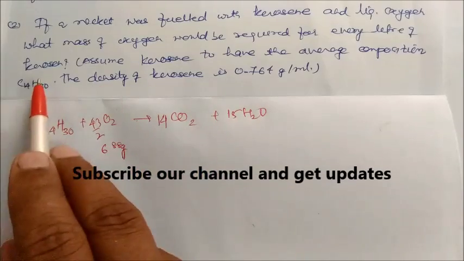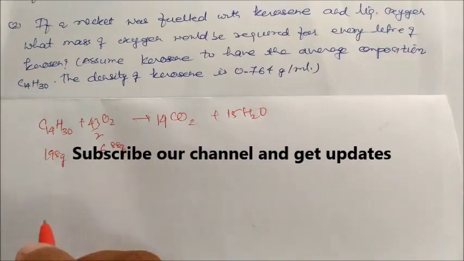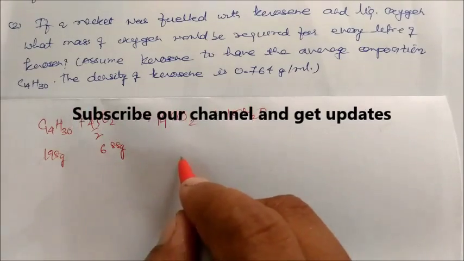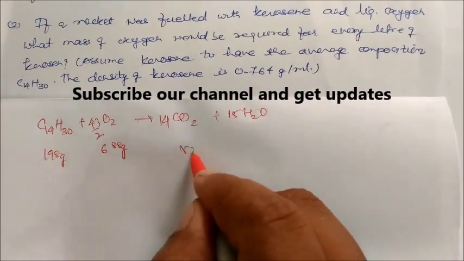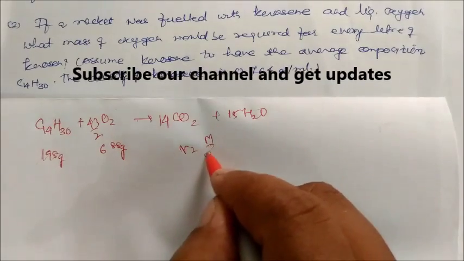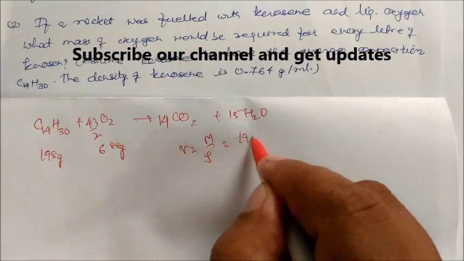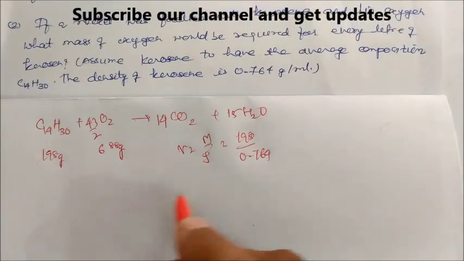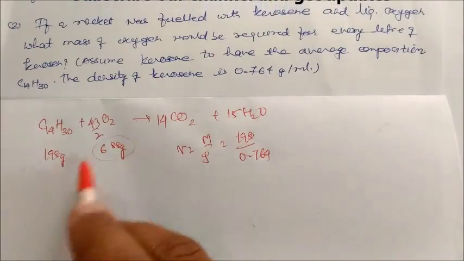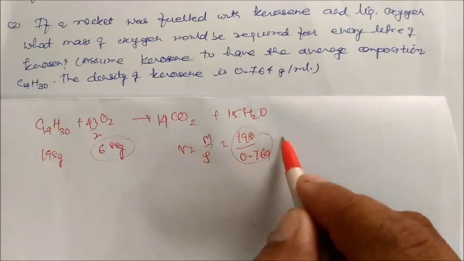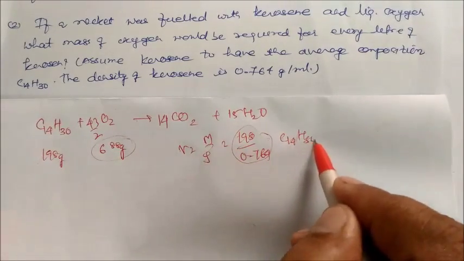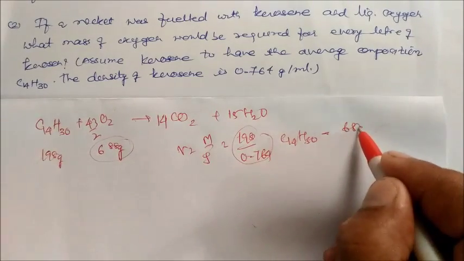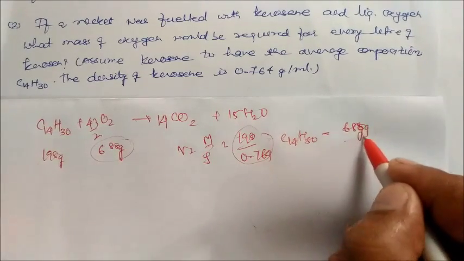Now they are asking, 1 liter of kerosene will require how many gram of oxygen? So first you convert this kerosene into volume. Volume is equal to mass by density of kerosene. Mass is given 198 and kerosene density is given 0.764. So this is the total volume of C14H30, and it needs 688 gram of oxygen.